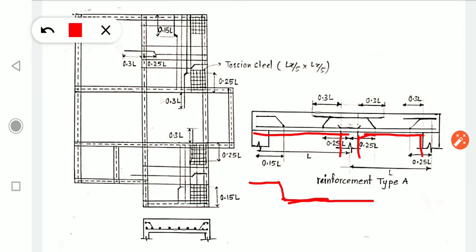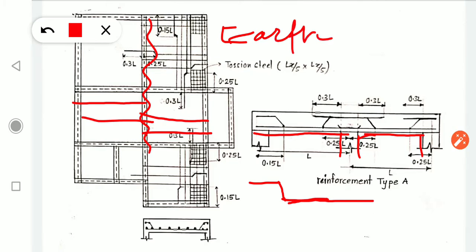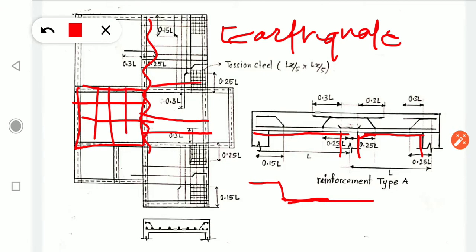Because if you shorten your reinforcement in one panel like this, it will be a separate structure and the integrity of the structure will not be maintained. Second thing is, if you place the reinforcement like this, in case of earthquakes, what will happen? The ductile behavior of the structure is totally disturbed, because this panel will act as a separate slab, and this panel will act as a separate slab. Why? Because there is no continuity between the members.